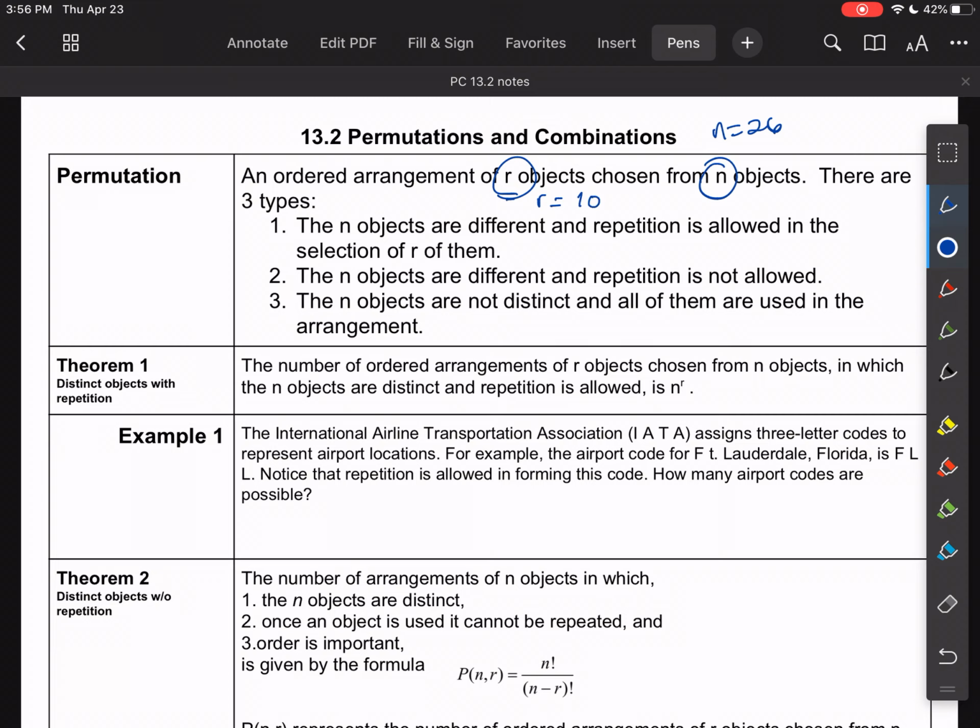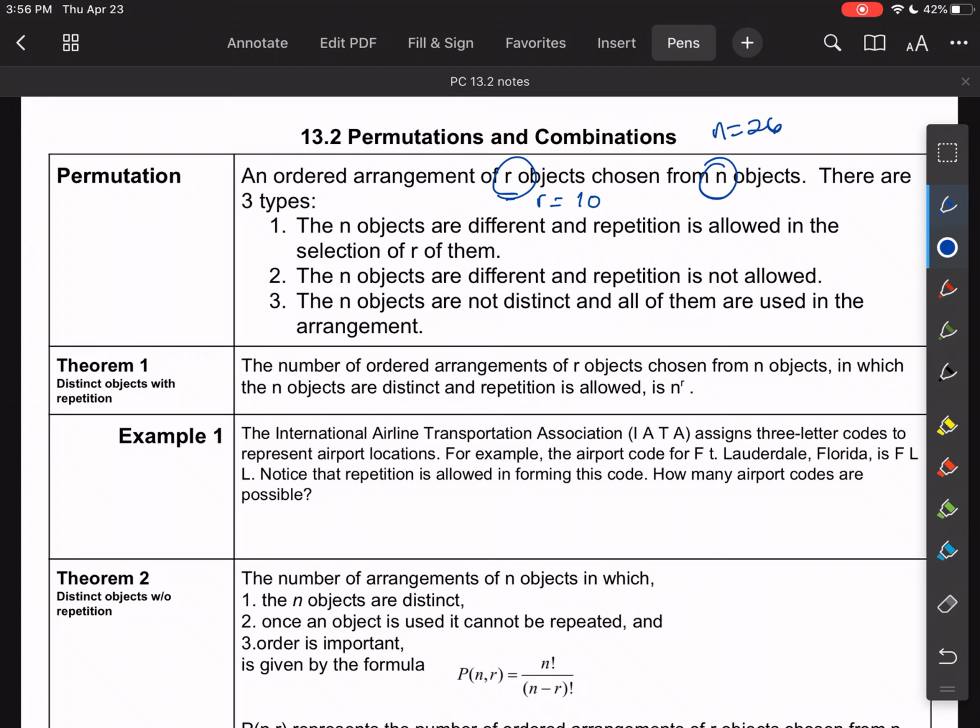It says the N objects are different and repetition is allowed in the selection of R of them. What this is saying is we have N distinct objects, like alphabet, digits, something like that, where we have a distinct difference between them. And repetition is allowed in the selection of R of them.